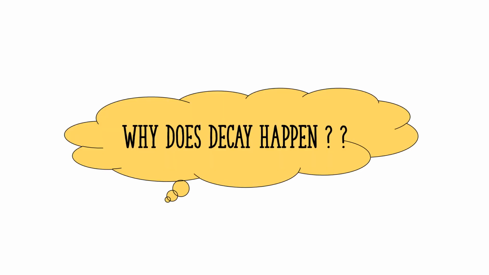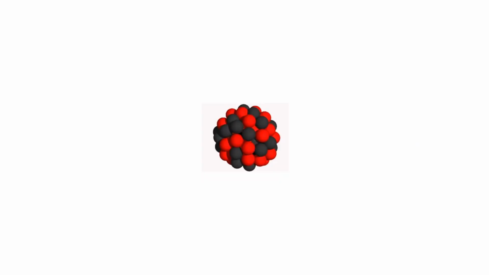Okay, so the question now is, why in the world does decay happen? Why? The nucleus of an atom consists of protons, positively charged particles, and neutrons, neutrally charged particles. Now, for stable nuclei, there are certain proportions of protons and neutrons that make it stable.